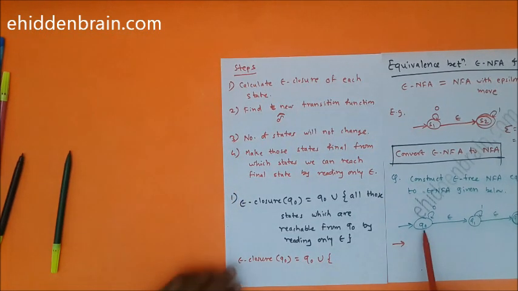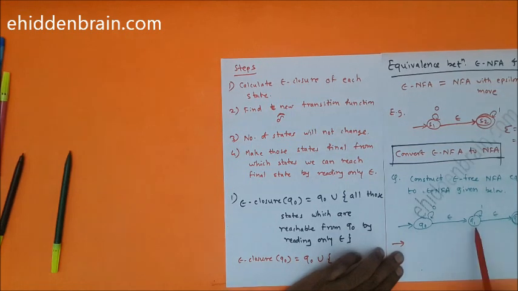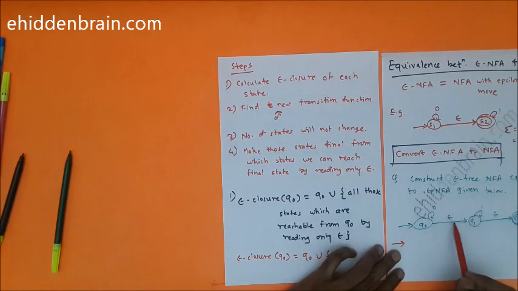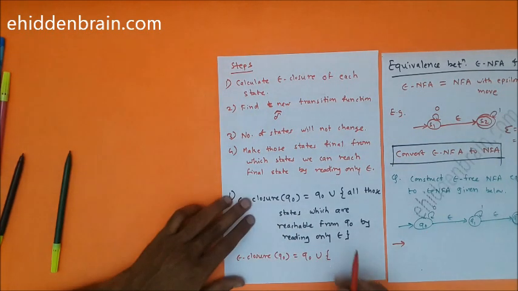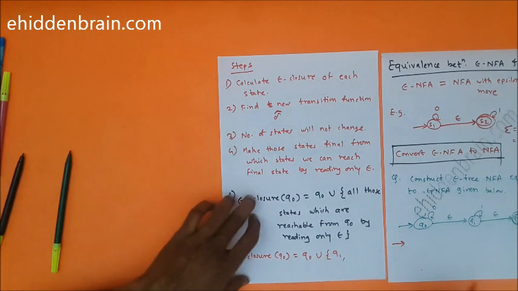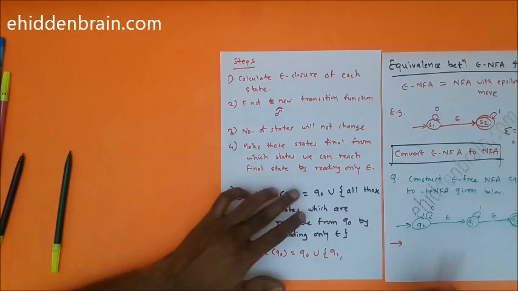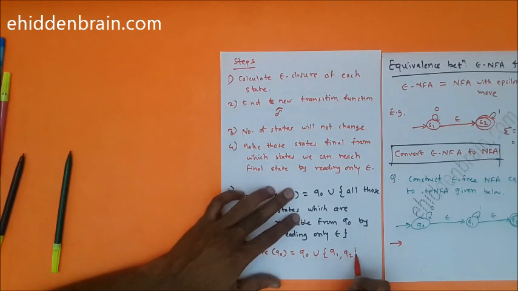From Q0, can I go to Q1 by reading only epsilons? Yes, it is quite possible. From Q0 to Q1 I can go reading only epsilon, and that's why Q1 will be part of this set. Next, can I go to Q2 by reading epsilons? Yes, from Q0, if I read two epsilons, this epsilon and that epsilon, then I will definitely reach Q2, and hence I got the epsilon closure of Q0.